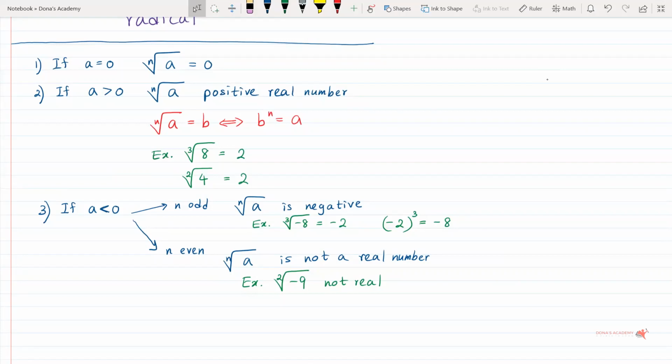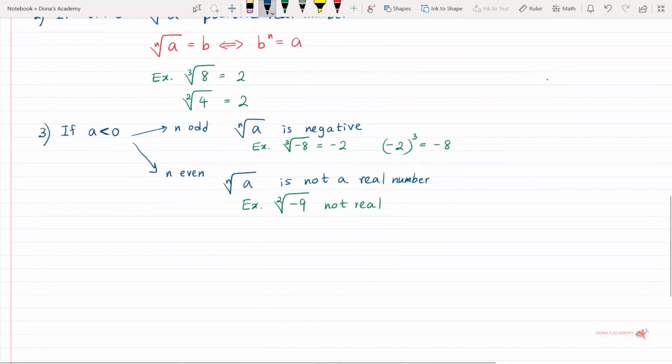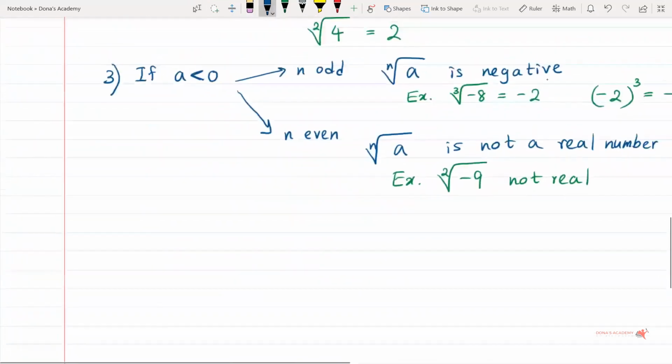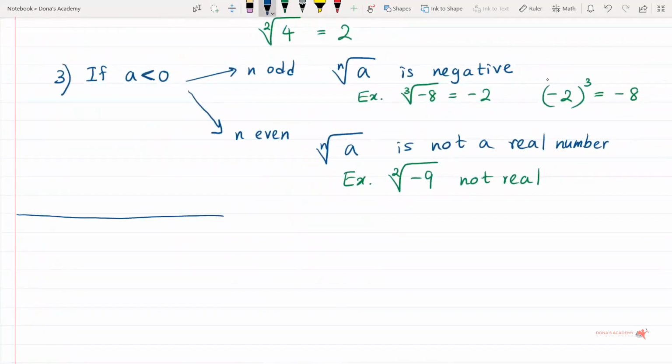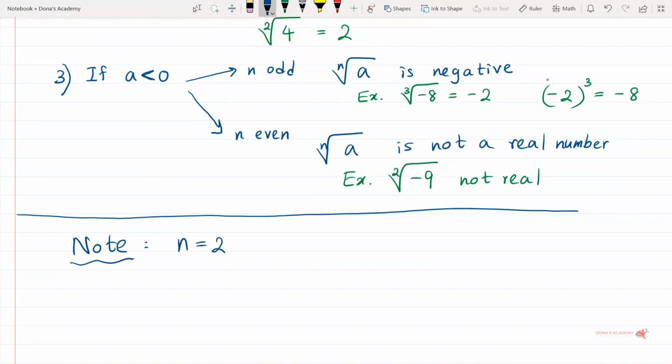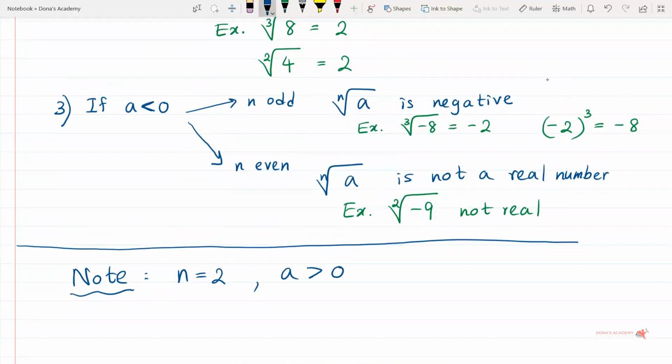All right, next, I will give you a note, kind of another definition or a term we are using, actually a name. When it comes to the n equals 2 case and a greater than 0 case, because if a is negative, then when n is even, here 2 is even, we can't define it as a real number.